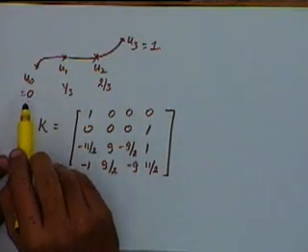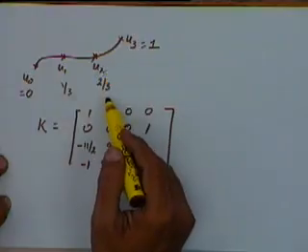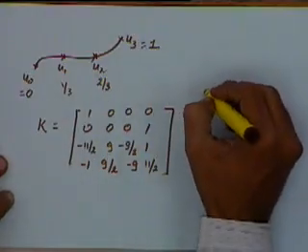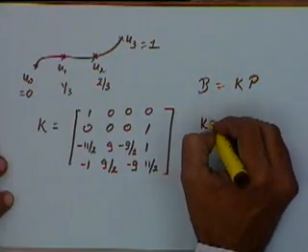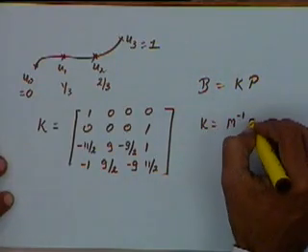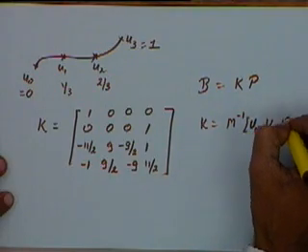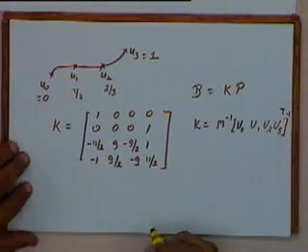Okay, this is for the specific case where u0 is 0, u1 is 1 by 3, u2 is 2 by 3 and u3 is 1. Where b is equal to kp and k is equal to m inverse multiplied by u0, u1, u2, u3 transpose inverse.